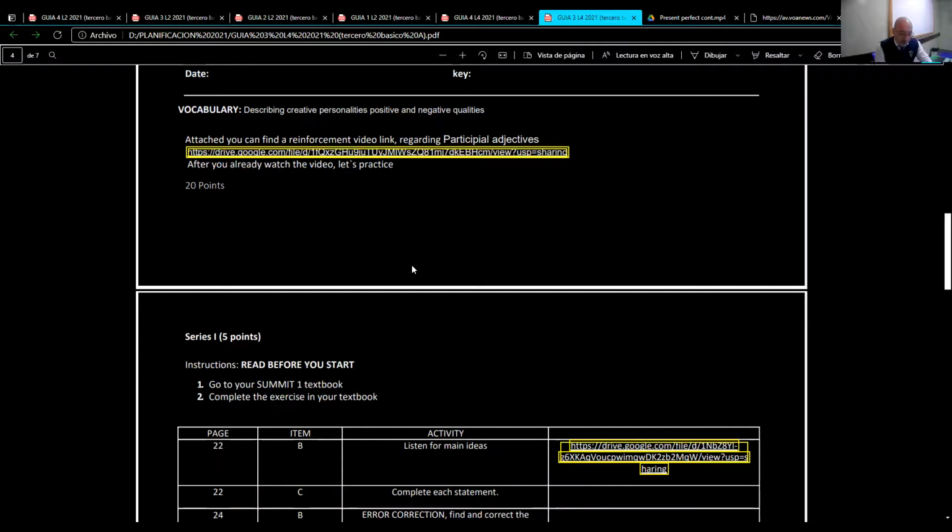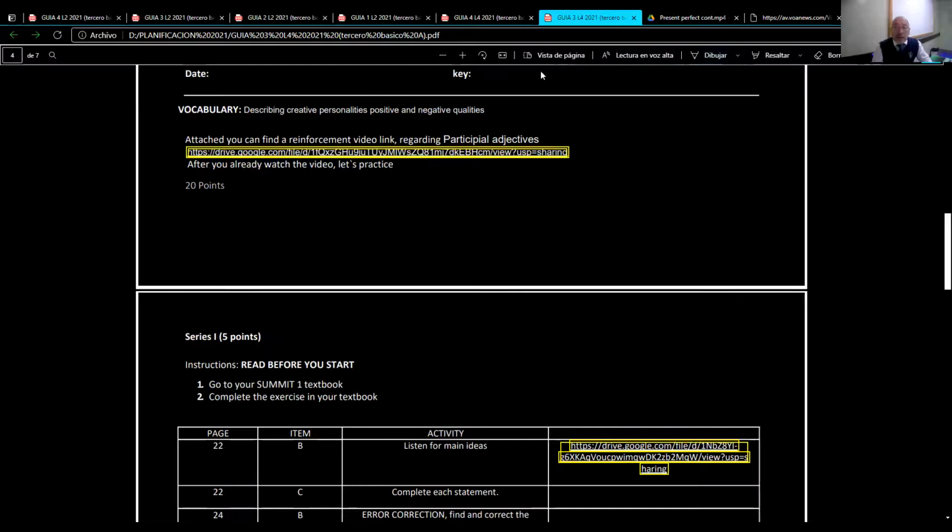Second guide, guide number 2, we saw page 16. And guide number 4, we studied from page 27 up to 32.